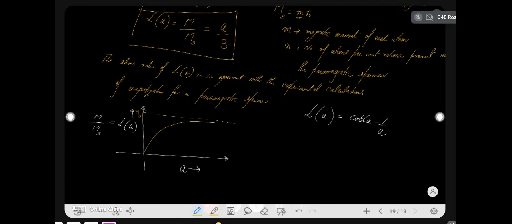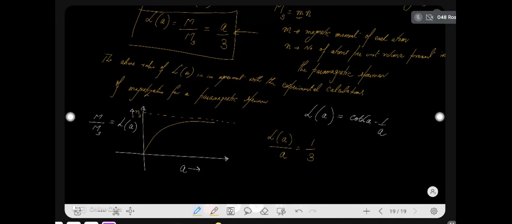It is not possible. Now LA versus A, if the curve is of Y versus X, from this particular equation itself, LA by A is equal to 1 by 3. So y versus x, dy by dx, where y is LA and x is A, is equal to 1 by 3.